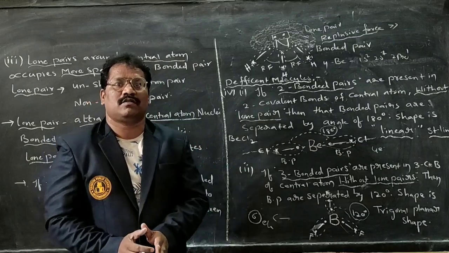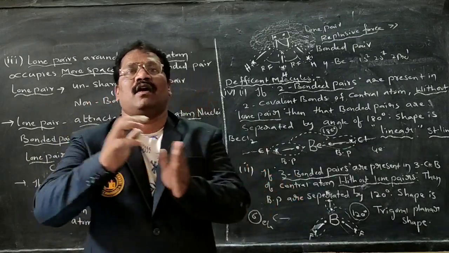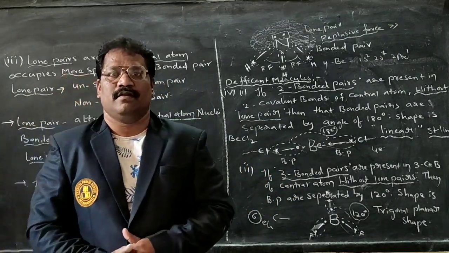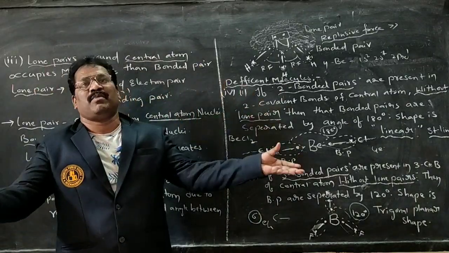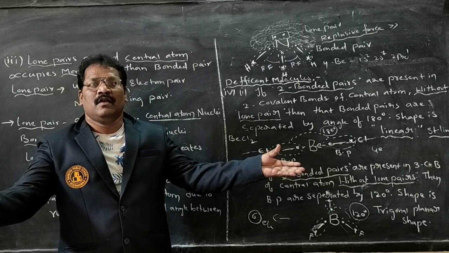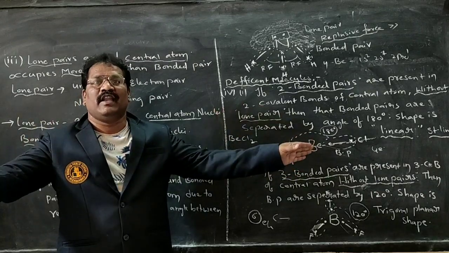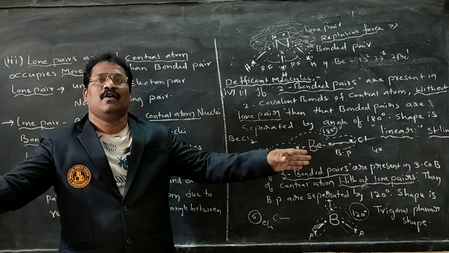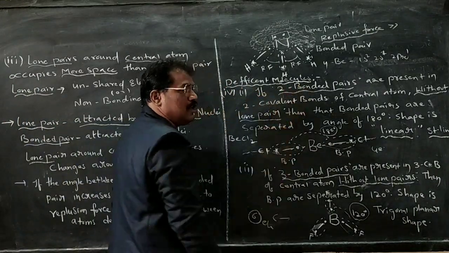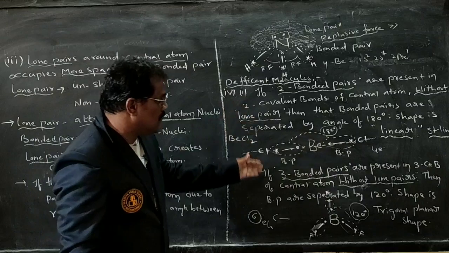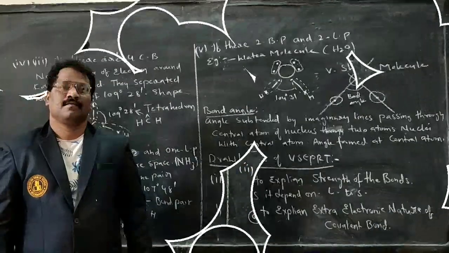Therefore, the molecules which do not have an octet configuration, have fewer electrons, have all electrons participating in bond formation, and have no unpaired electron, we call deficient molecules. These are the two points of this concept.